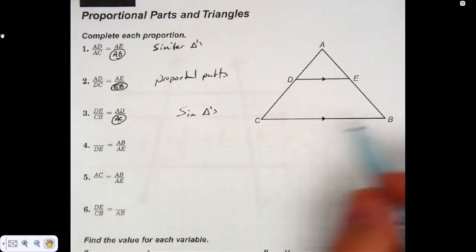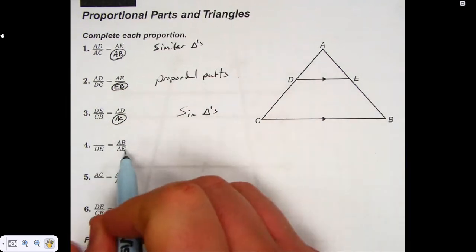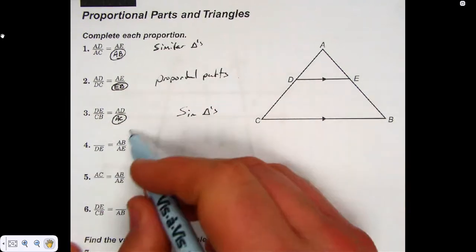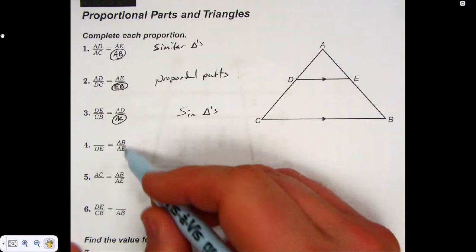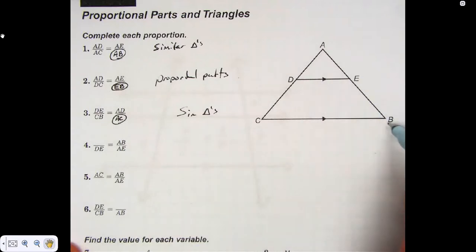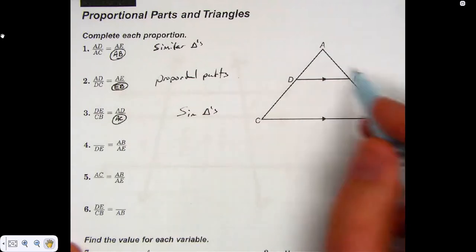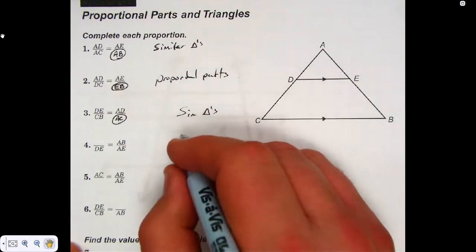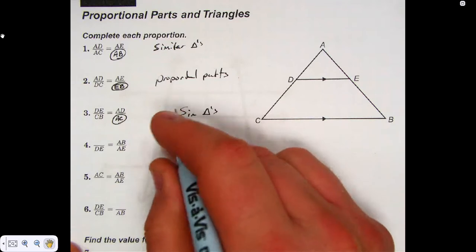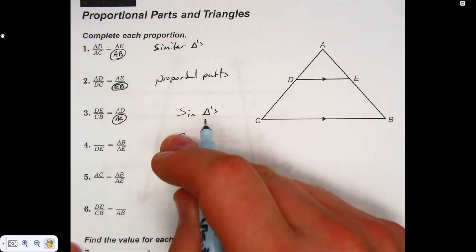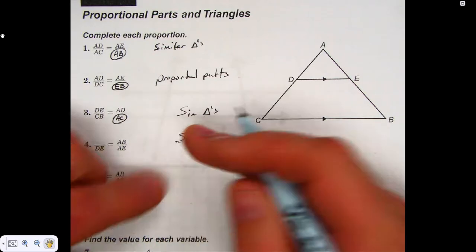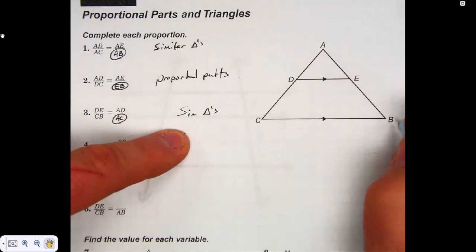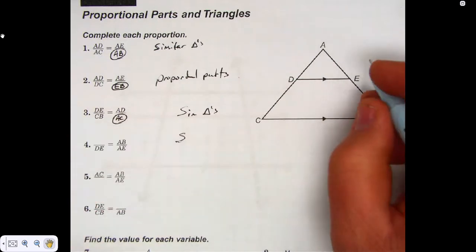Let's look here. We got AB over AE. See, I just skipped to the right. You don't always have to start on the left. I went to the completed fraction. AB over AE. So I'm going the whole thing over the, what are my similar triangles, proportional parts? What do you guys think? AB over AE. Talking about A to B over A to E. Nope.